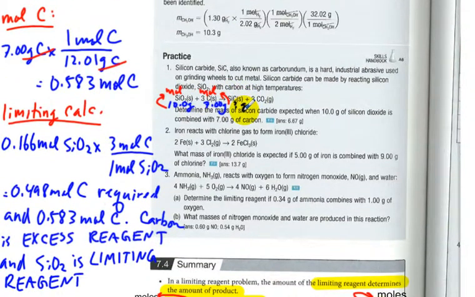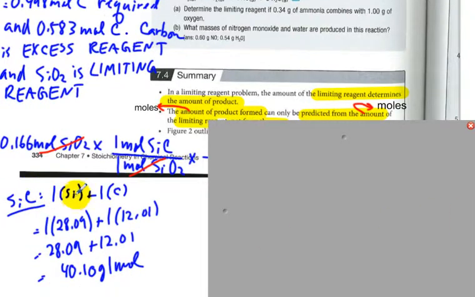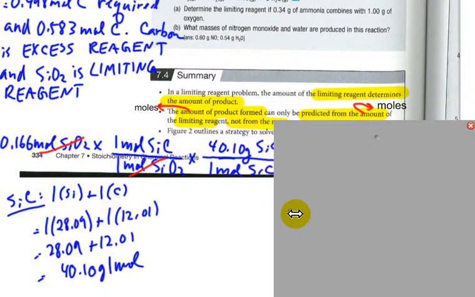And we need to figure out grams, of course, and that means figuring out the molar mass of silicon carbide. So another side calculation here, 1 silicon, 1 carbon, 40.10 grams per mole. So 40.10 grams per mole is equal to 1 mole, the molar mass, so that cancels with that.